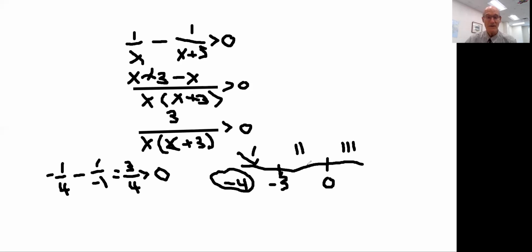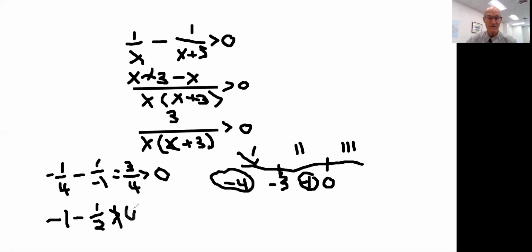Now, if I put in a number like -1 in this middle section here, then I substitute in, and 1 over -1 is -1. If I put in a -1 here, I get 1/2, so -1/2, and that is not greater than 0. So I put my slash through it.